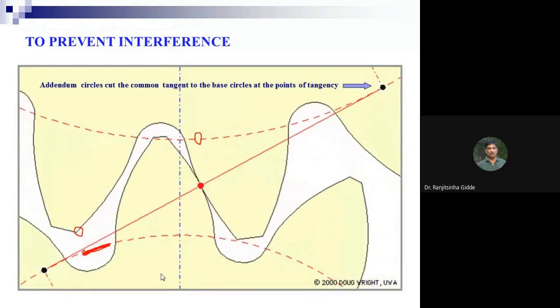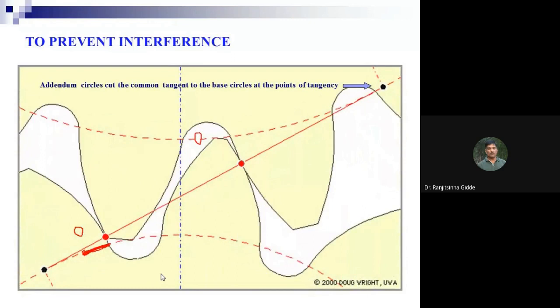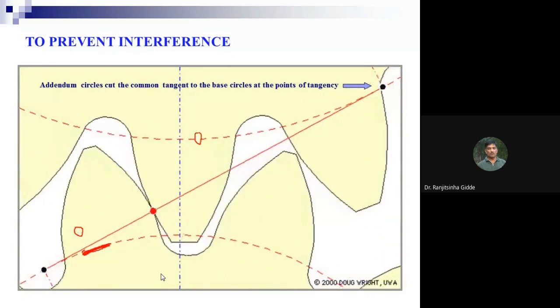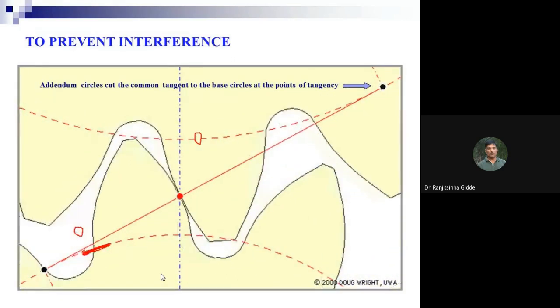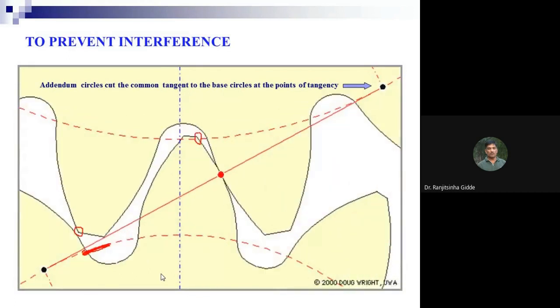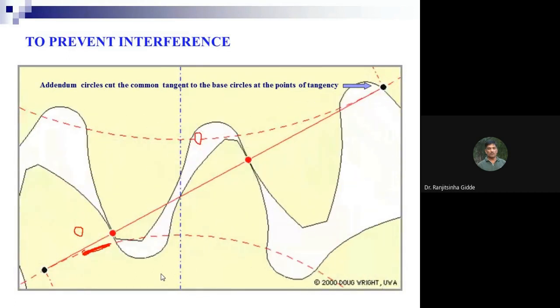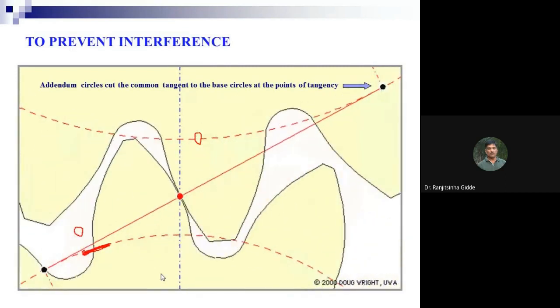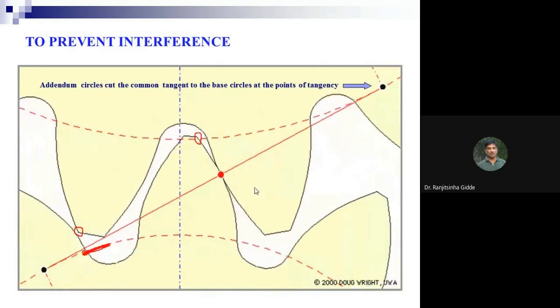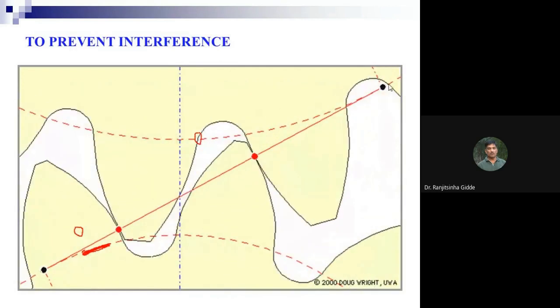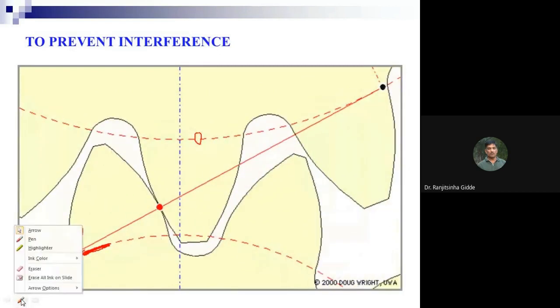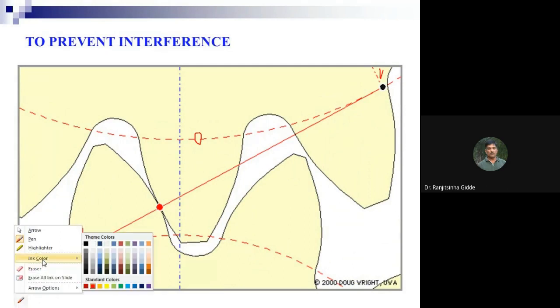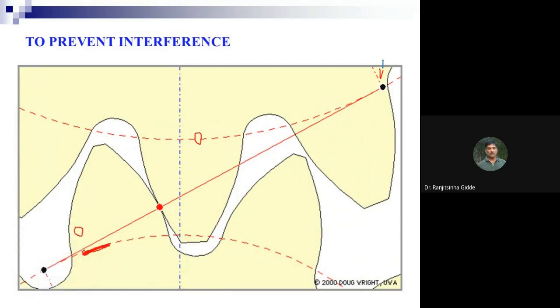Check. So the gear tooth forms are made such that there should be contact on the profile only. On the profile only. Now here this one is the point, so I will write for your understanding. This is point N, this is point N, and this is M.